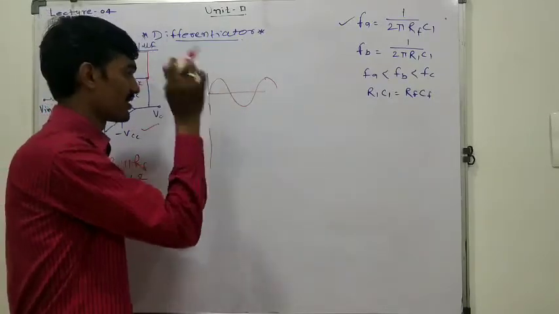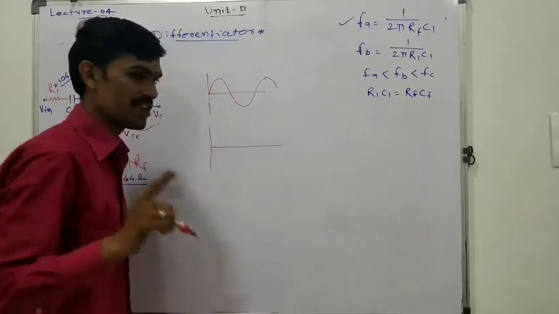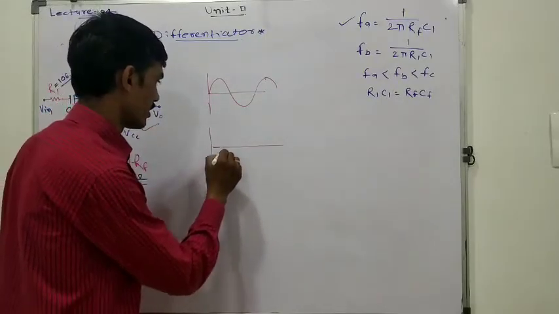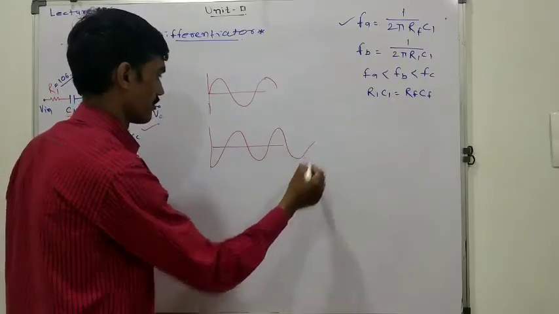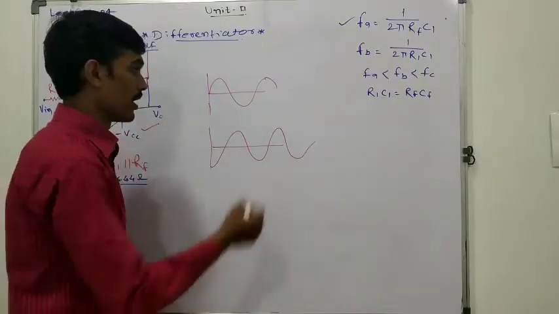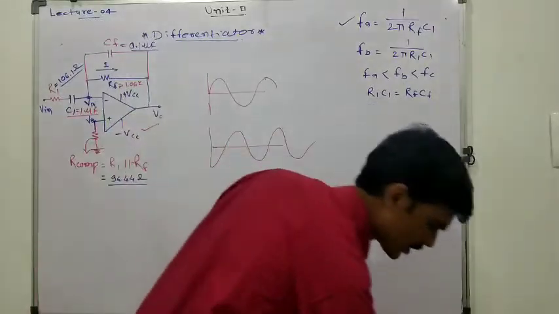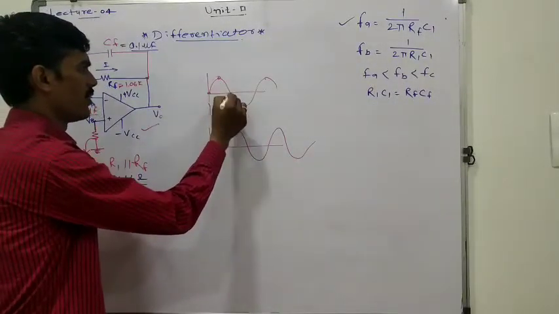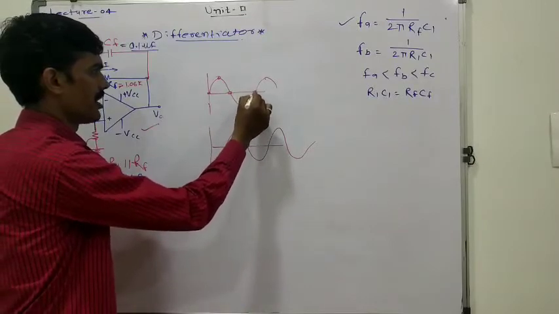If we provide a sine wave, the differentiation of the sine wave is the cos wave. So we get the cos wave like this. You just take this value, this value, this value, this value and this value.